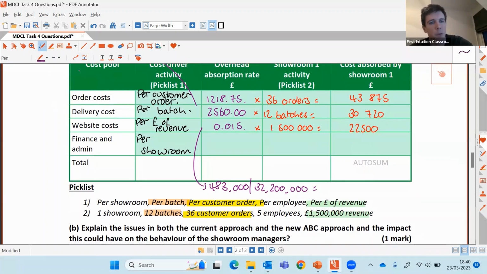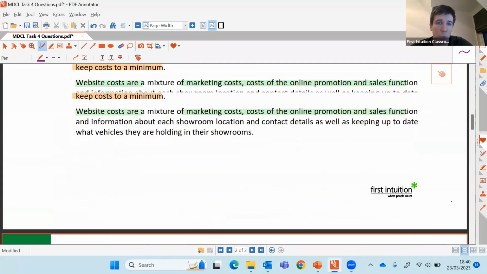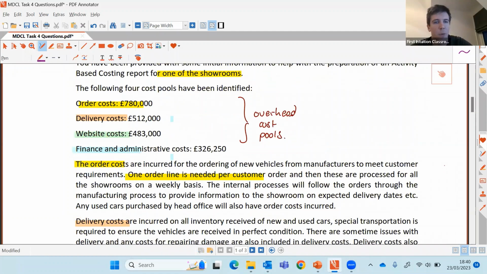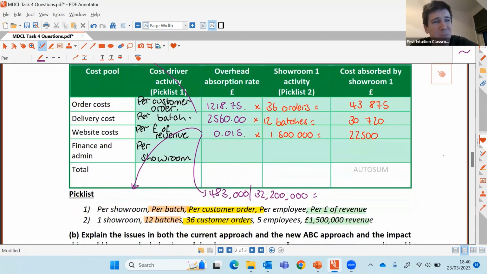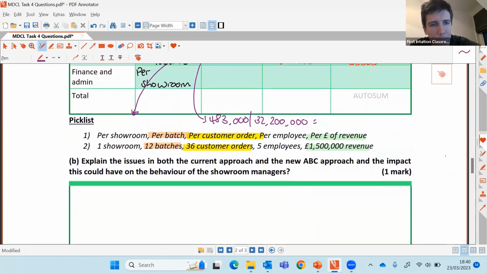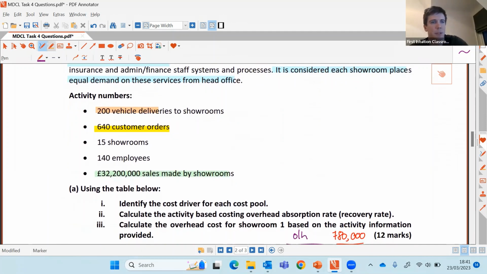Okay. So to work out the overhead absorption rate, let's go over here. And to work out this overhead absorption rate, we're going to do what we've done all along now, and we're going to take the overall overhead, which is 326,250. And we're going to divide that by the number of showrooms across the business, which there are 15.